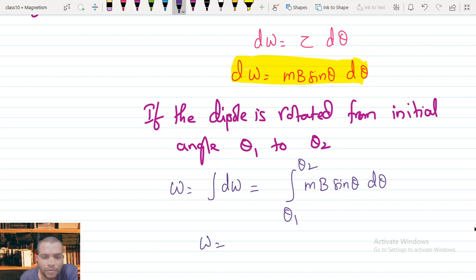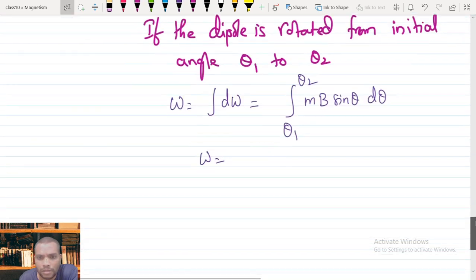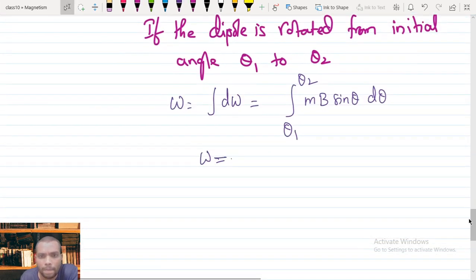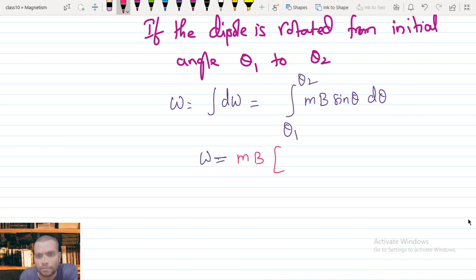To get the expression for total work, W equal to mB, which is a non-integrable term, so you can take it out of the integration. W equal to mB times, one more step, integral from theta 1 to theta 2 of sin theta d theta.